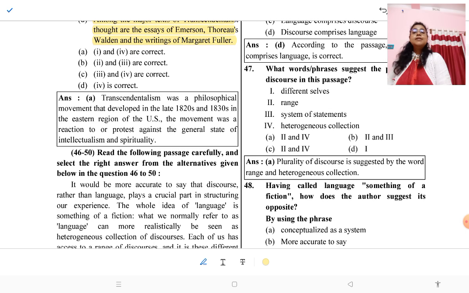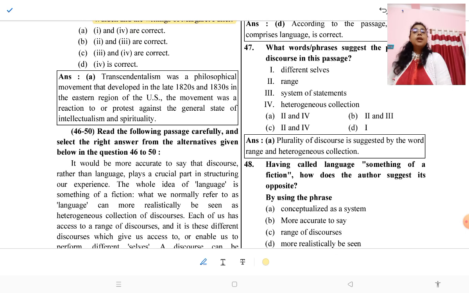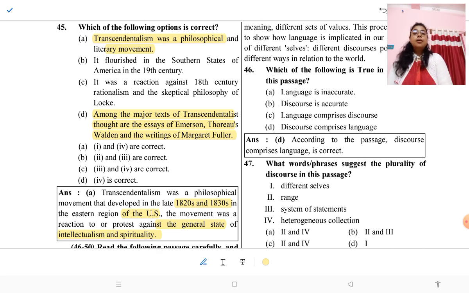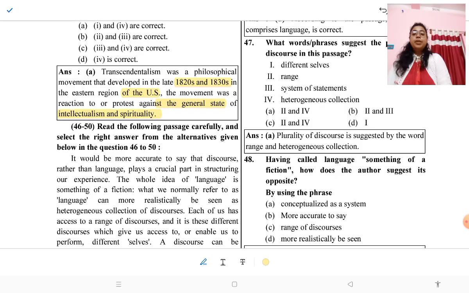Transcendentalism was a philosophical movement that developed in the late 1820s to 1830s in the eastern region of the US. The movement was a reaction to, or protest against, the general state of intellectualism and spirituality. As you know, Thoreau went into the forest and stayed there maybe two or four years, and his famous work Walden is also associated with the movement of transcendentalism.